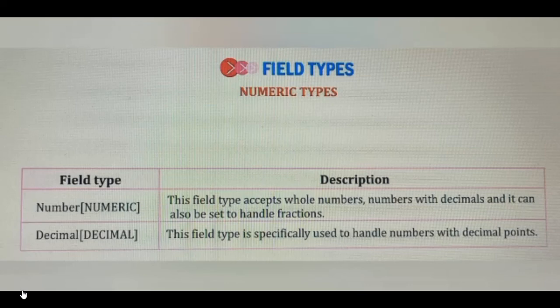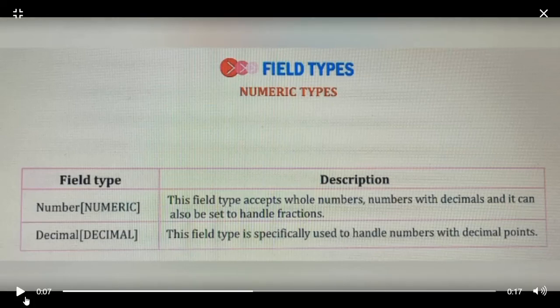We have two types. One is number. It can accept whole numbers, numbers with decimals, and it can also handle fractions, right? Second is decimal, in which we can use decimal points. I think these two types of numeric types are clear to you all.